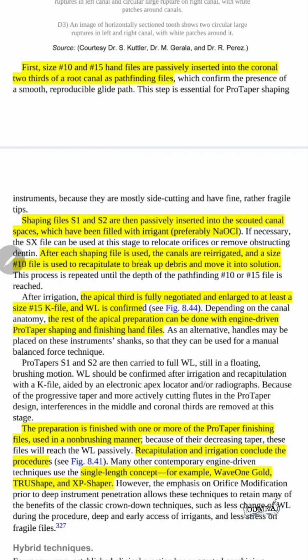After each shaping file is used, the canal is re-irrigated, and a size 10 file is used to recapitulate, to break up debris and move it into solution. After irrigation, the apical third is fully negotiated and enlarged to at least size 15K, and the working length is confirmed. The rest of the apical preparation can be done with engine-driven ProTaper shaping and finishing files.